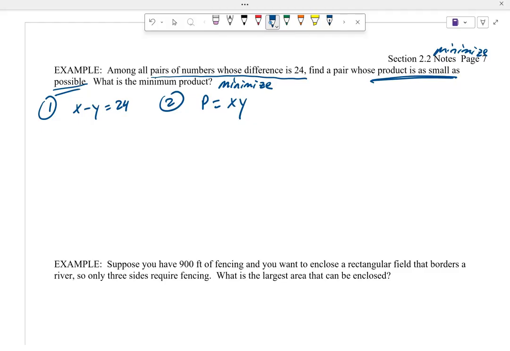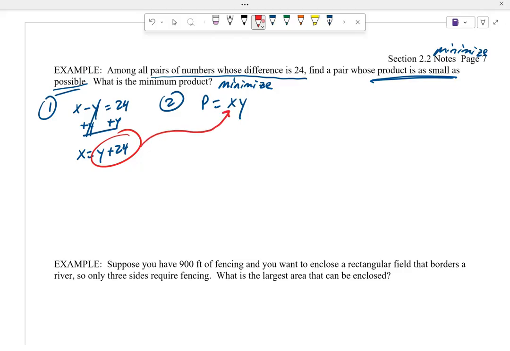So I would take a look at that first function. I say, you know what, I can solve that for x. If their difference x minus y is 24, let me solve for x and then plug it into the other equation. So x equals y plus 24.